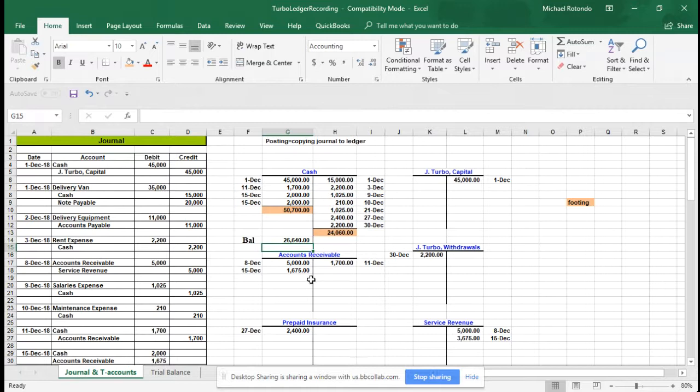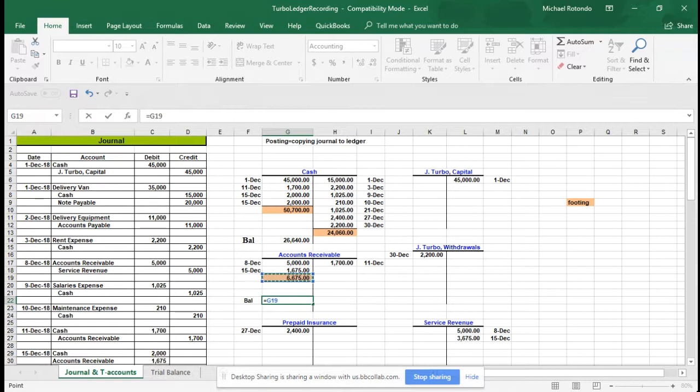Same thing in accounts receivable. Okay? So we don't need to foot the credit side because there's only one item, but we do need to foot the debit side because we have more than one. So let's foot the debit side. And we get 6675. So our balance in accounts receivable, which is an asset, we would expect to have a debit balance.